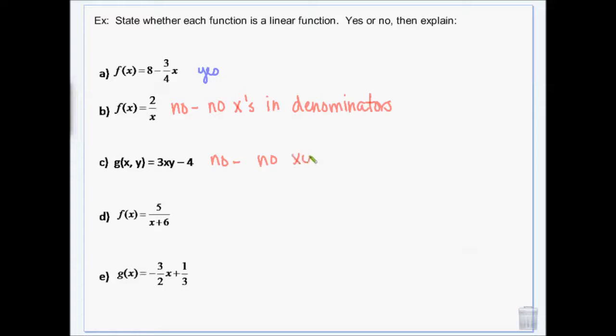We don't want any xy action going on. 5 over x plus 6, no. No x's in the denominator. But negative 3/2 x plus 1/3, sure, that's okay.